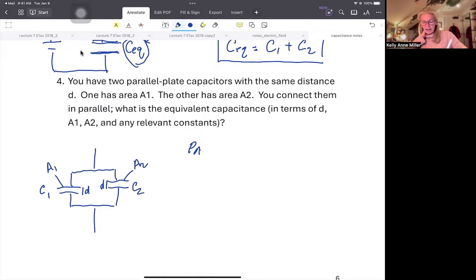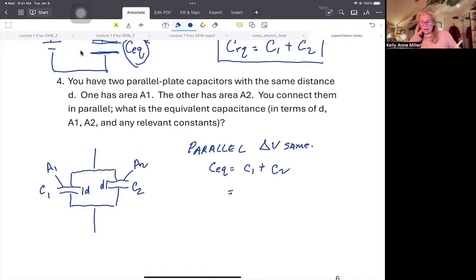Because these two are in parallel, the voltage has to be the same across both of them, so the equivalent capacitance is just the sum of the capacitance of each of them.